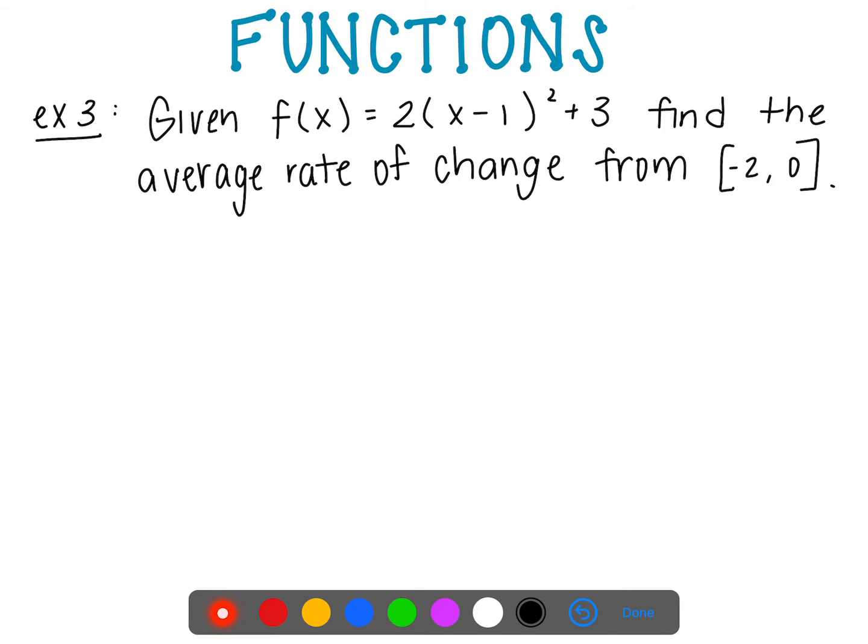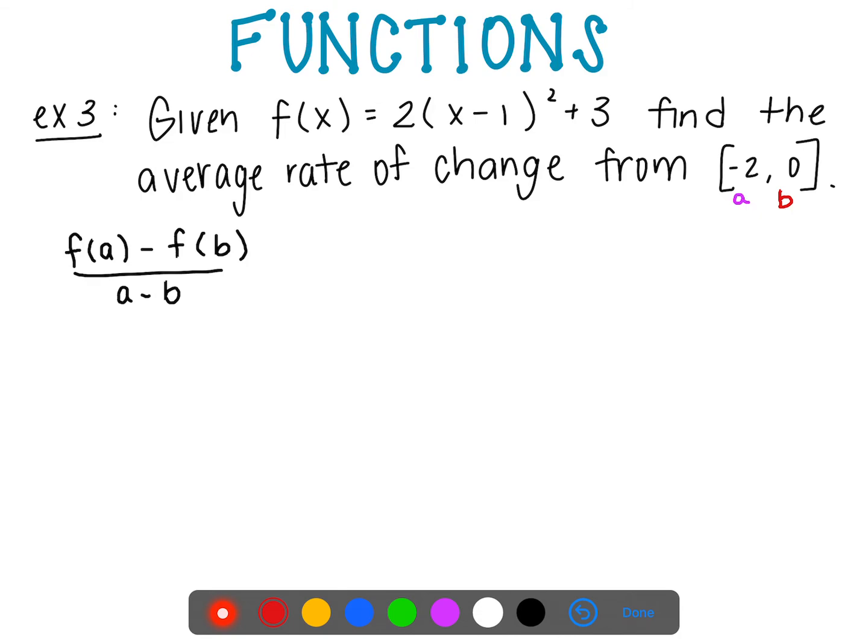So I know I'm going to need f of a minus f of b all over a minus b. I know my a is -2. I know my b is 0.